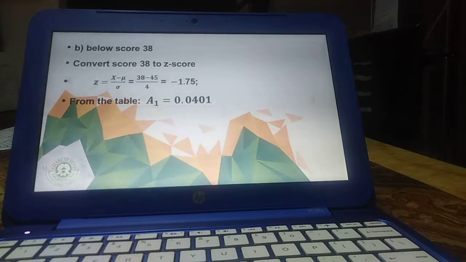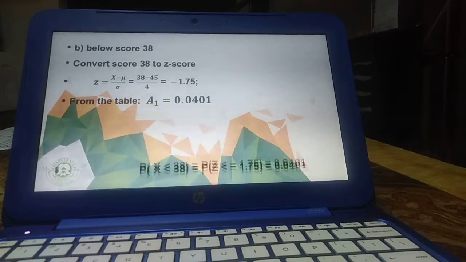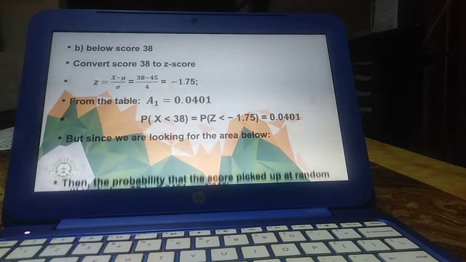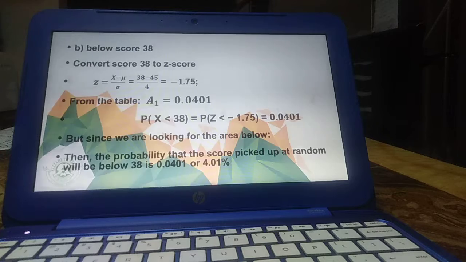Since we're looking for the scores below 38, the probability will now be 4.01%.